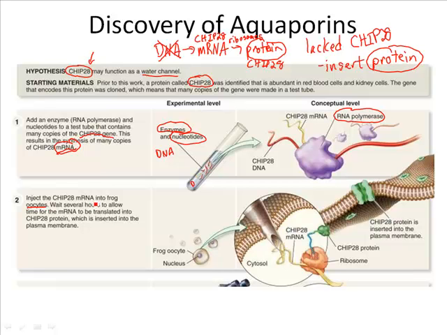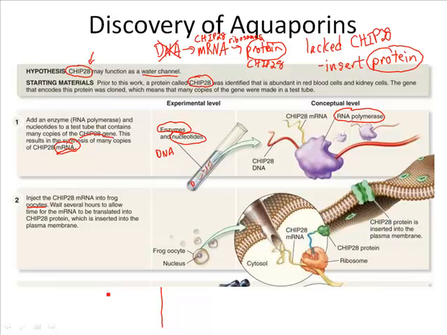Now, what they did then is they waited several hours. They allowed the ribosomes to begin the translation process. Once that protein was translated, that protein was ultimately inserted into the membranes of oocytes. So now, let's set this up into two groups.